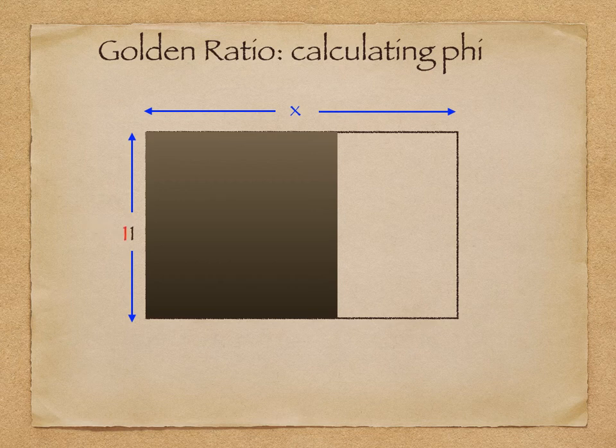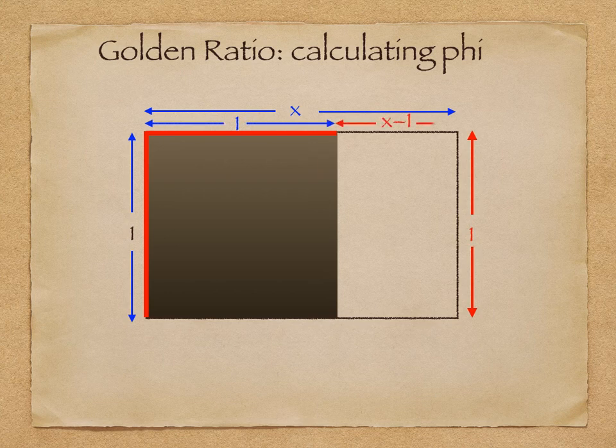Its longer side is the same as the shorter side of the bigger rectangle, so that's 1. And because the sides of the square are the same, this length must be 1, and that means that the width of the small rectangle is x minus 1.